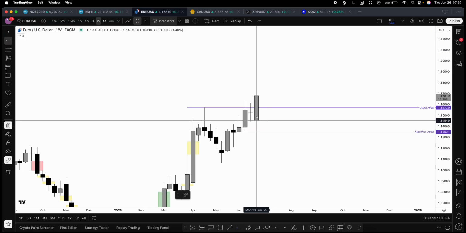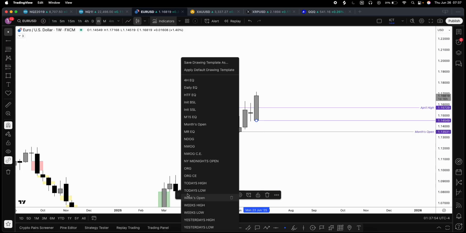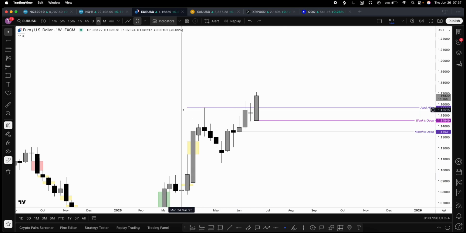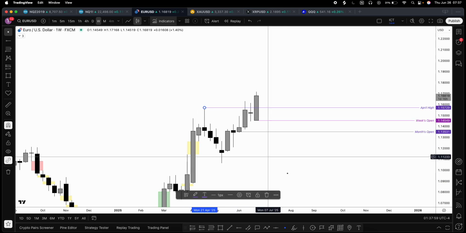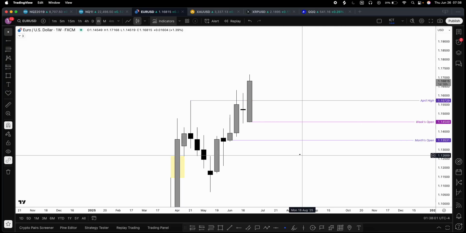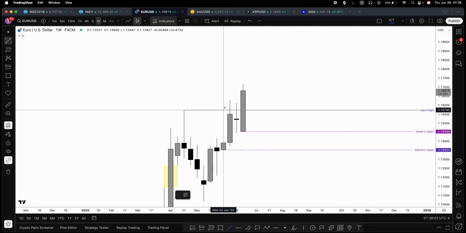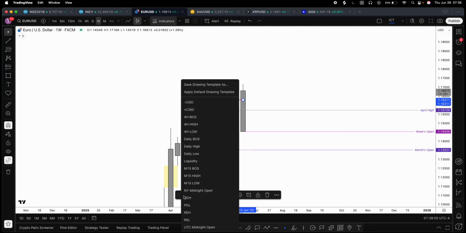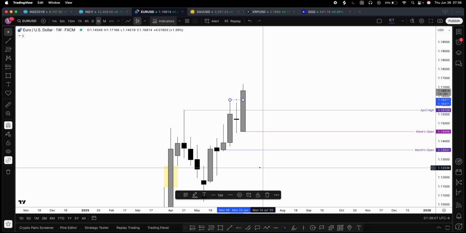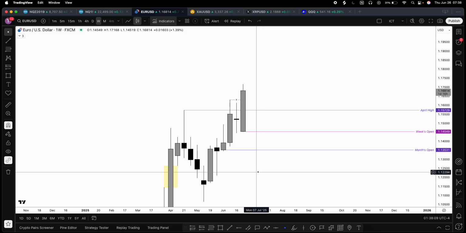Go to the week chart, mark out the week's open, fix this line. Okay, we'll mark out this liquidity sweep. Okay.